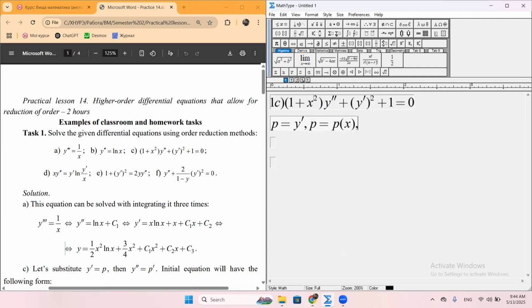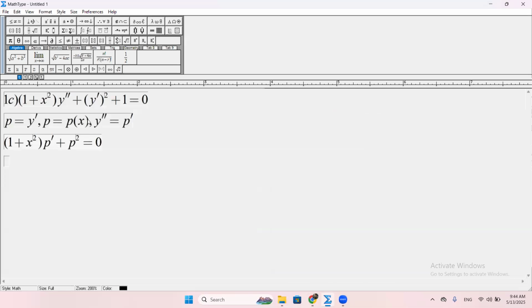Then y double prime equals p prime. So the equation will be rewritten in the following form: 1 plus x square, p prime plus p square equals 0.